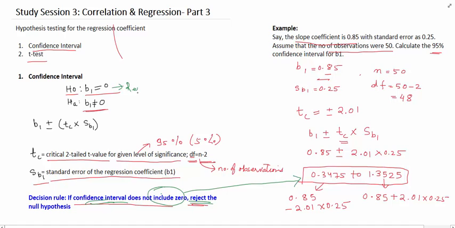We are rejecting it, so what we are accepting is that b1 is not equal to 0, or that the slope coefficient is different from 0. It means that the independent variable x is significant in explaining the variation in the dependent variable, which is y.